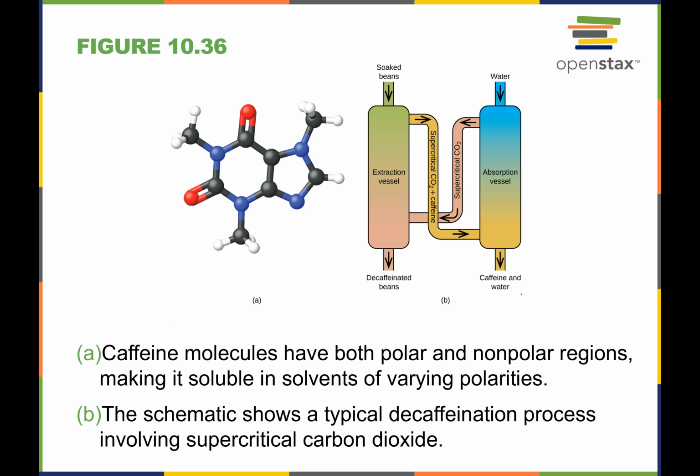And then this one is showing you the extraction process for coffee beans. So what you do is you take your coffee beans here, you let them dwell here. What they're dwelling in is supercritical carbon dioxide. So that carbon dioxide is great at pulling, see, carbon dioxide, that's nonpolar, right?